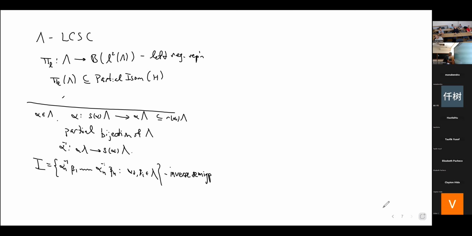Now, let's call a typical element of the inverse semigroup phi. So what does phi act on? Well, we have to be able to begin by sticking beta n onto something. So this acts on things whose range is the source of beta n. So E maps source of beta n, lambda.